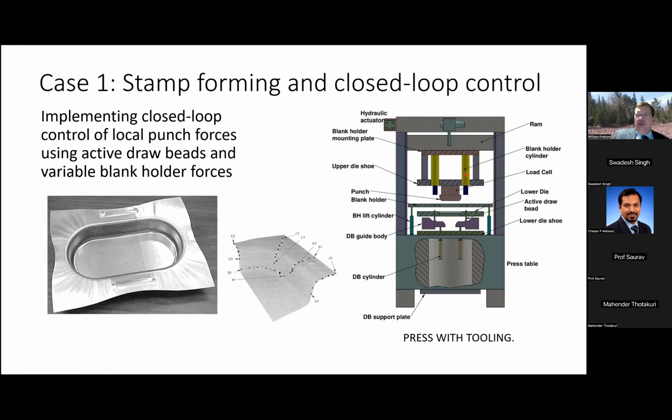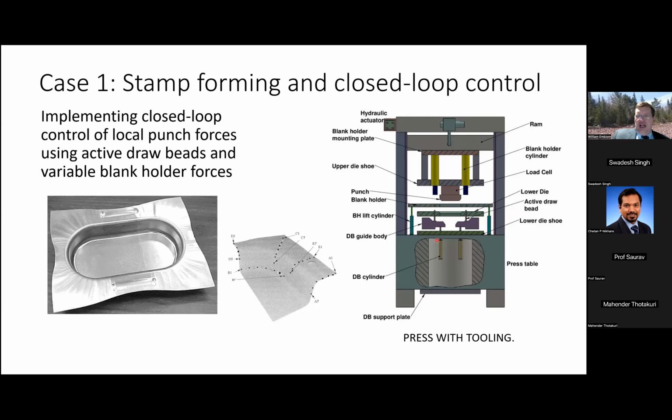Those were used to generate blank holder force. We also had a punch with a custom designed load cell for measuring the total punching forces, and a flexible blank holder that was designed using FEA to minimize both wrinkling and variations in strain from location to location.